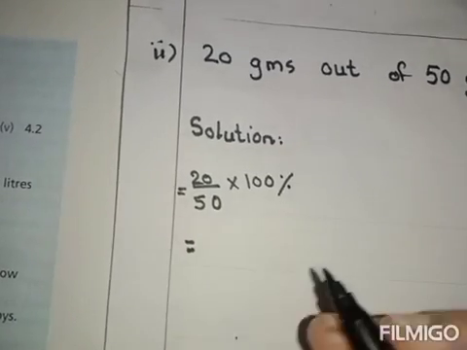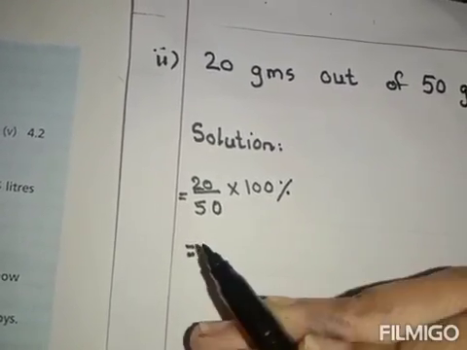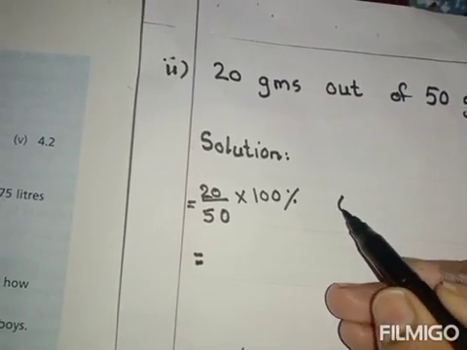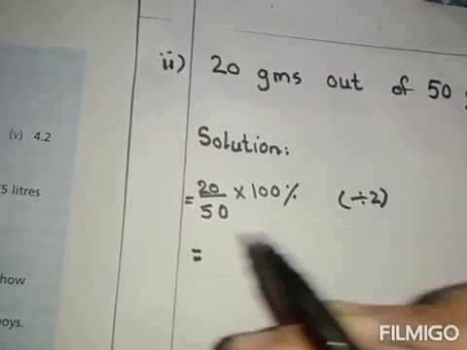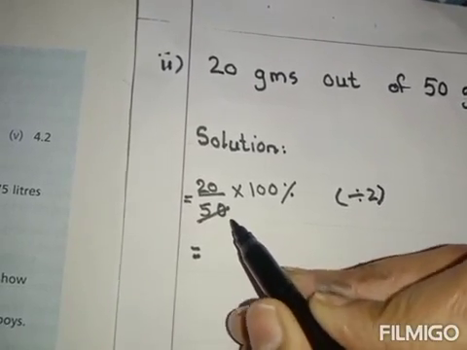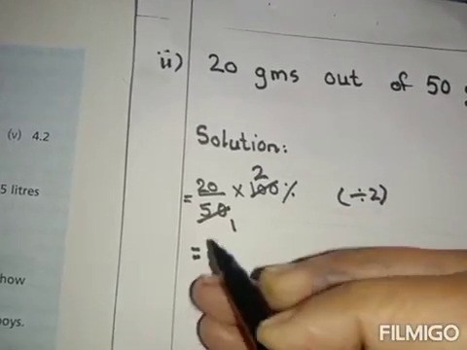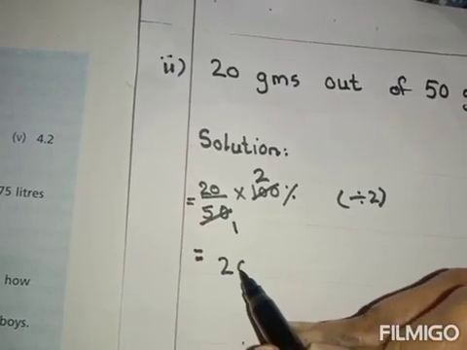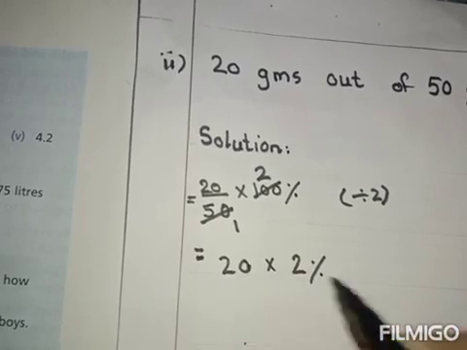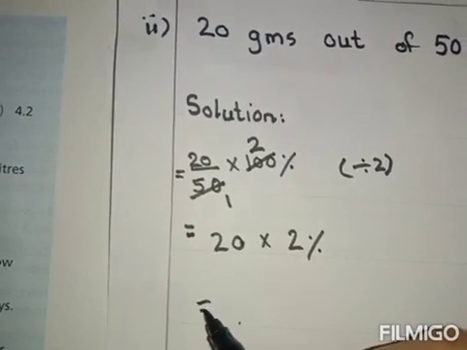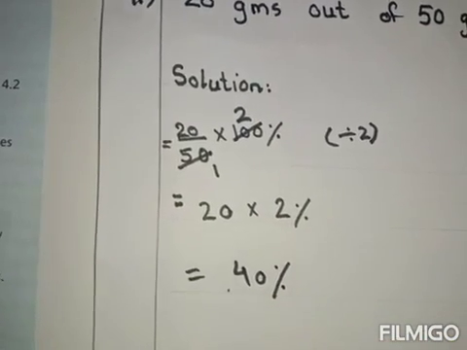Now on dividing it by 2, we have 5 1s are 5, 5 2s are 10. 5 1s are 50, 5 2s are 100. So 2 into 20 is equal to 40%. 40% is our answer.